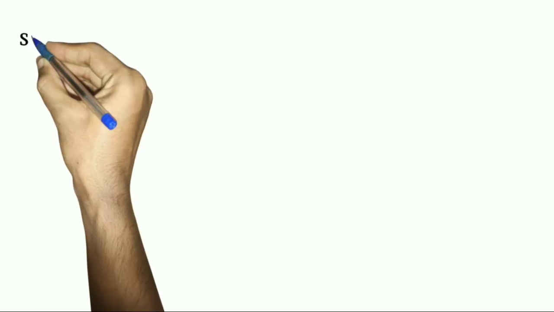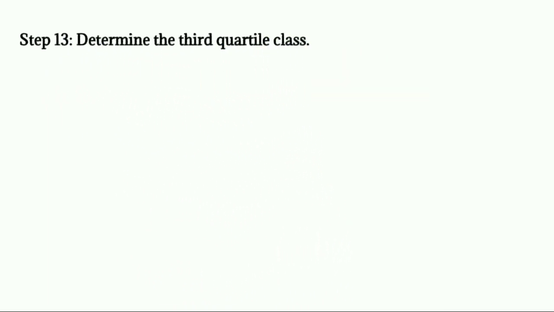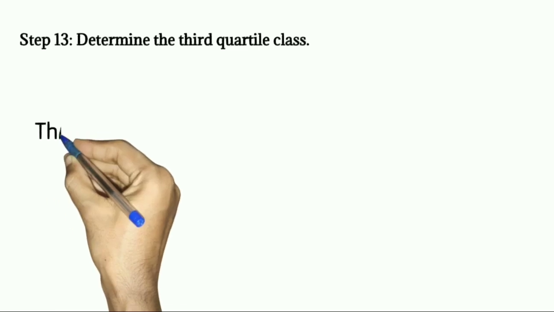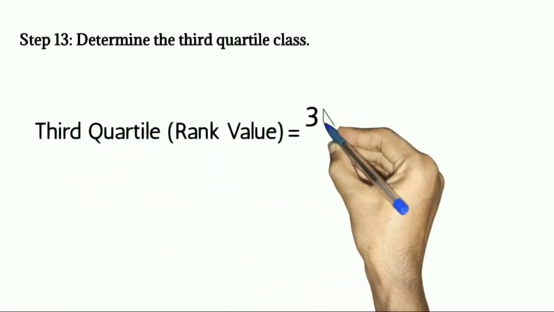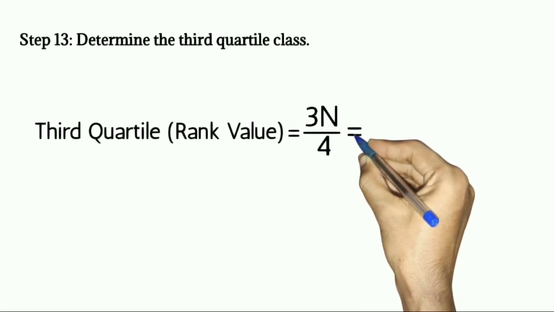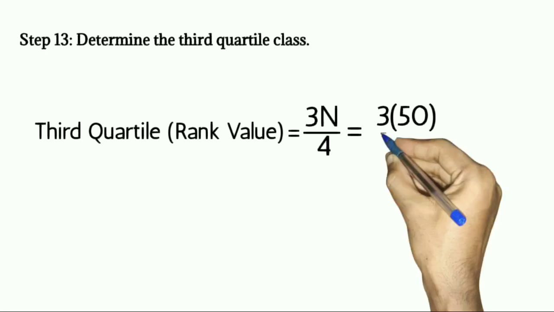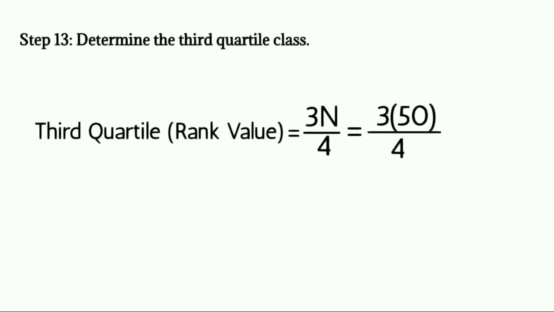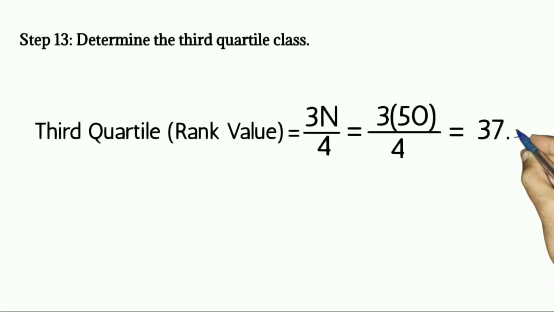The next step is to determine the third quartile class. Use the following formula. Third quartile rank value is equal to 3n over 4. That will become 3 times 50 over 4. 3 times 50, that is equal to 150 divided by 4, that is equal to 37.5.